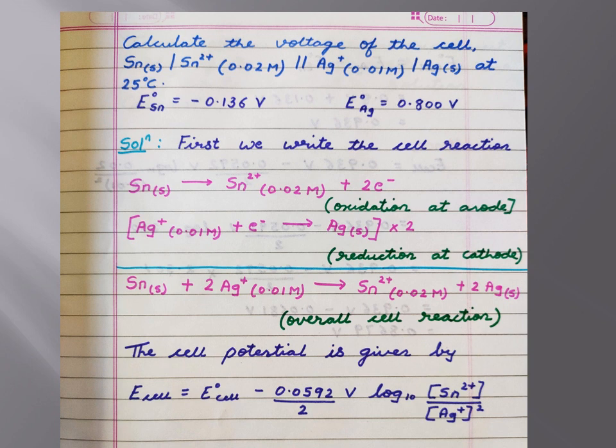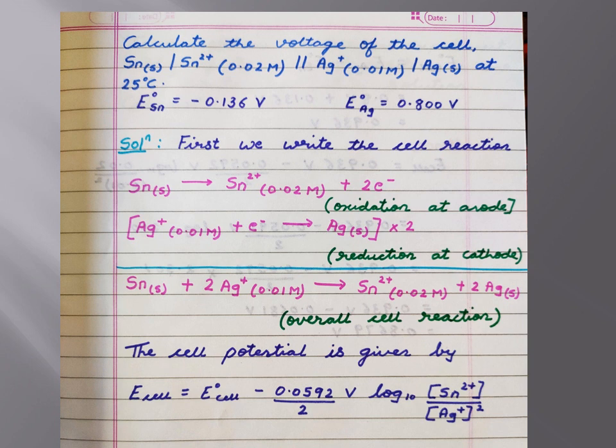Students, from the formulation of galvanic cells, we know that the metal electrode at the extreme left is the anode, and the metal electrode at the extreme right is the cathode. So over here tin is the anode whereas silver is the cathode, and E0 Sn is given as minus 0.136 volt and E0 Ag is given as 0.800.